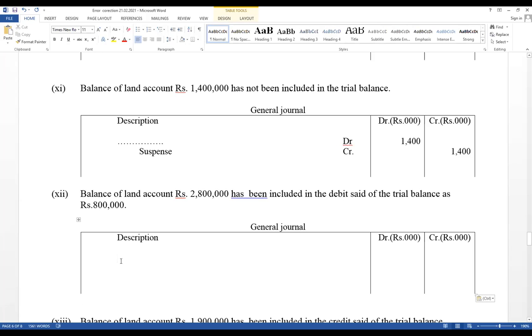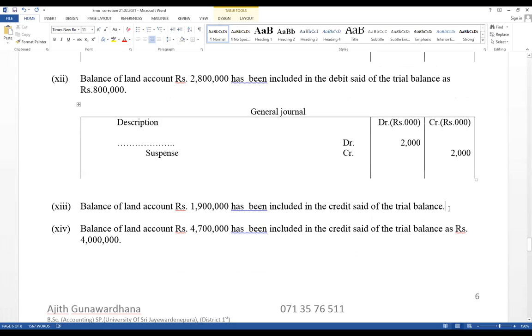Therefore, trial balance debit again 2000, and suspense account credit 2000. Difference value. Being correction of land account balance 2800 has been included as 800. Narration also should be written.